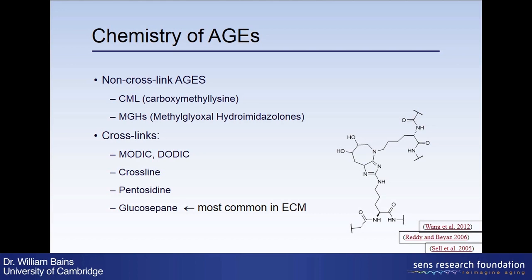This is the most common crosslink in extracellular matrix, certainly in skin, in man, by far, much more common than these other ones. And so research in our group, in our collaboration, is primarily looking at glucosepane and saying that is the one to focus on, both for finding out what it does and then seeing if we can get rid of it.